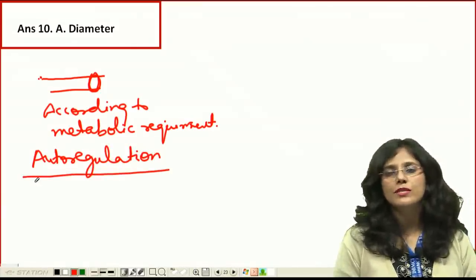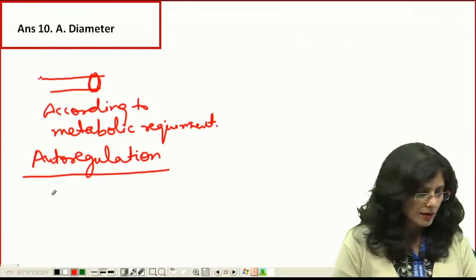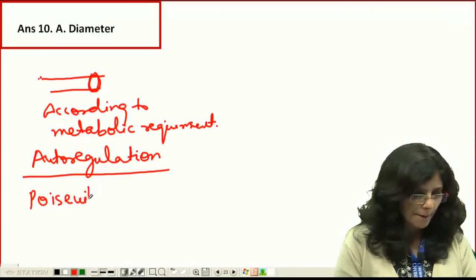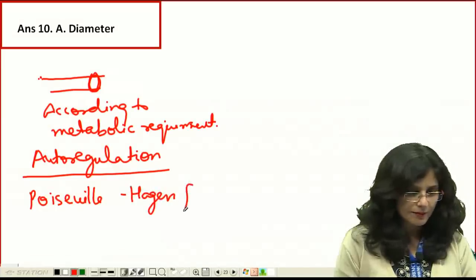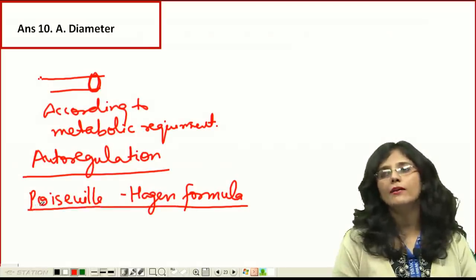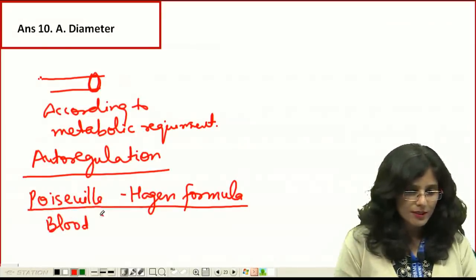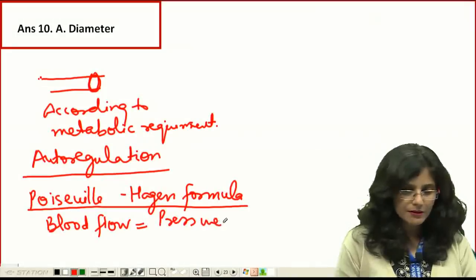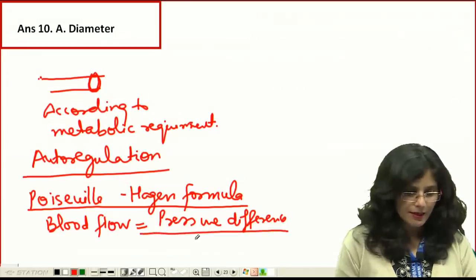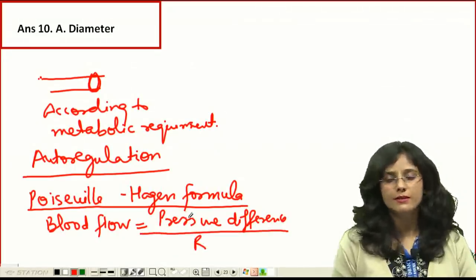And also, if you see the Poiseuille-Hagen formula, it says that the blood flow equals the pressure difference through the vessel divided by R, where R is the resistance.